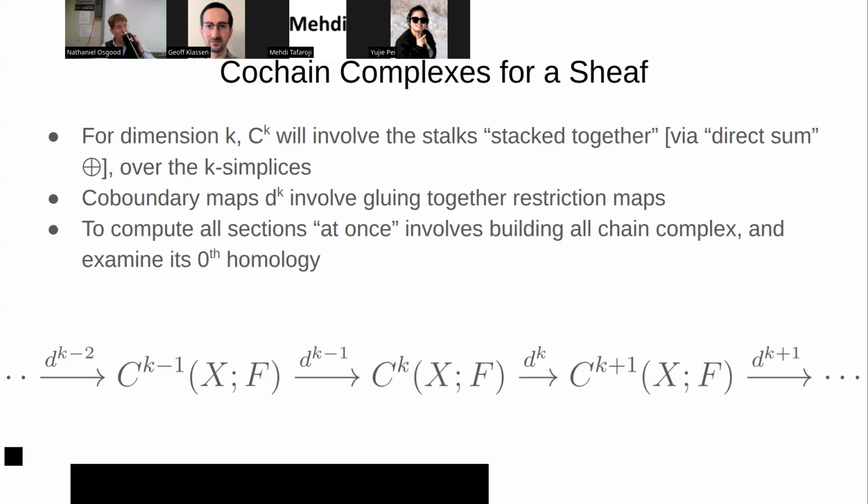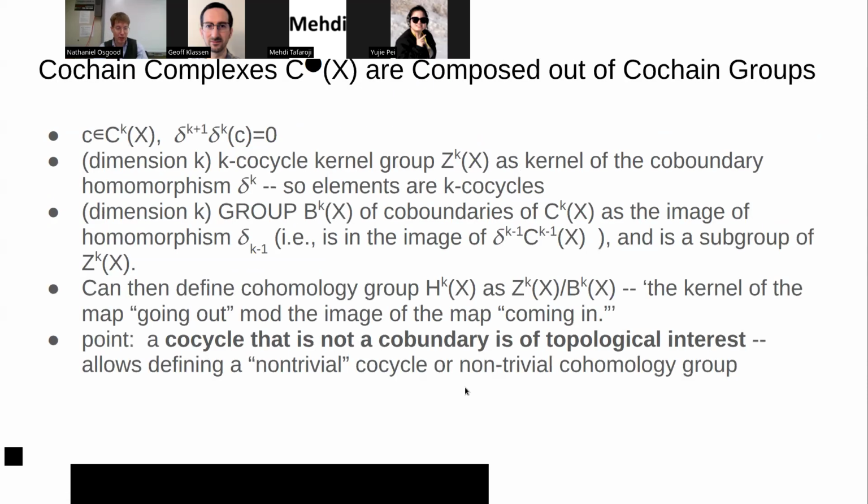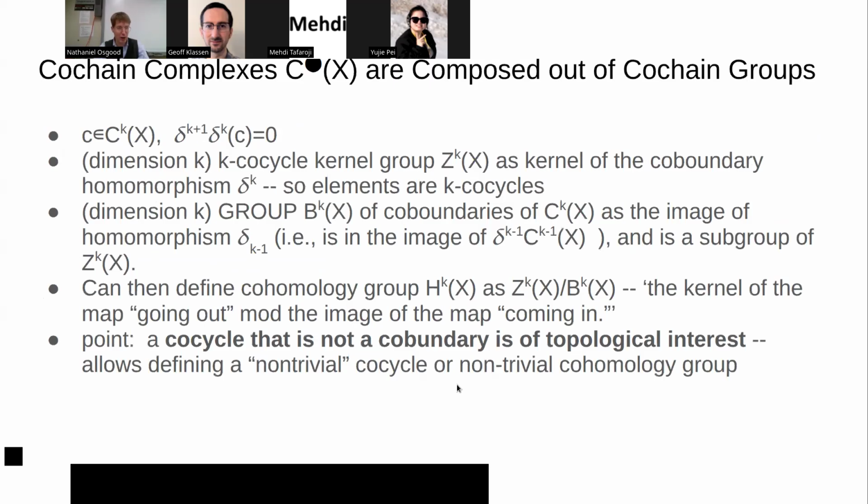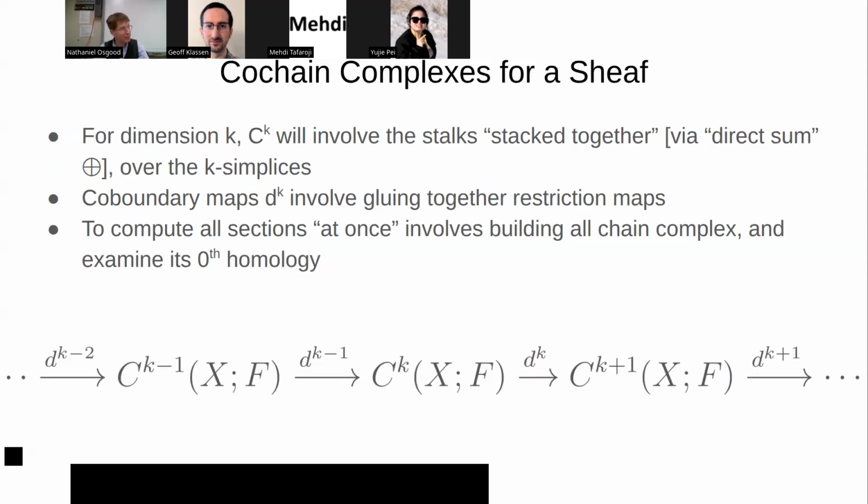So we're going to take one minus the other. I mentioned the orientation will come back, this minus 1. That's where it comes from. Okay. And we're going to build up this chain complex, and its zeroth cohomology is going to be the global section of the sheaf.